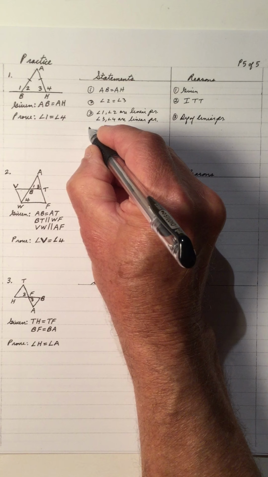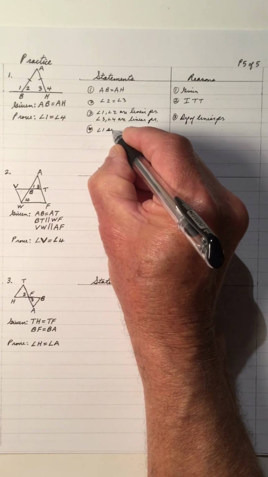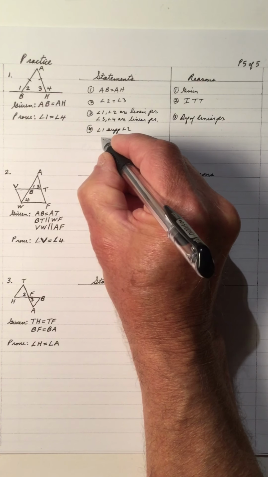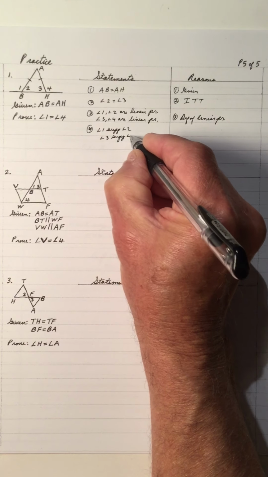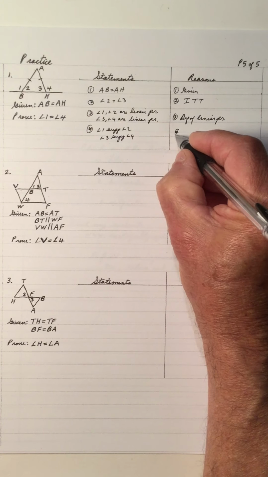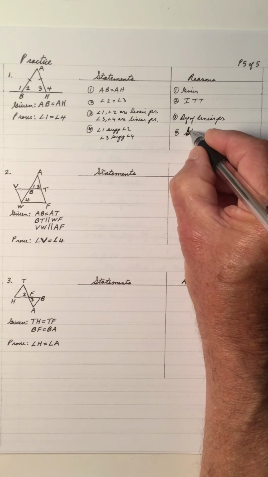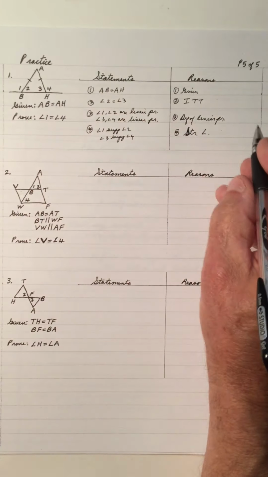As a result, I have angle 1 is supplementary to angle 2, and angle 3 is supplementary to angle 4. That's because of a straight angle. There's a straight angle here and here.